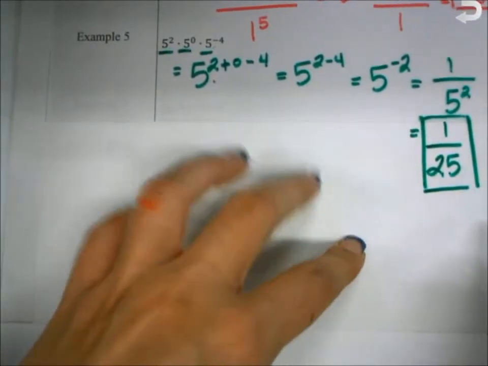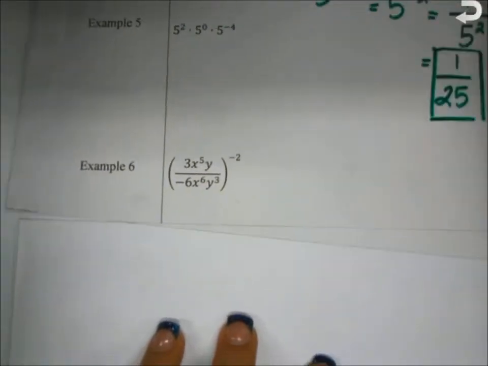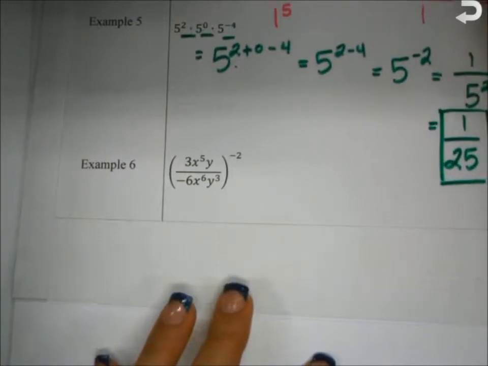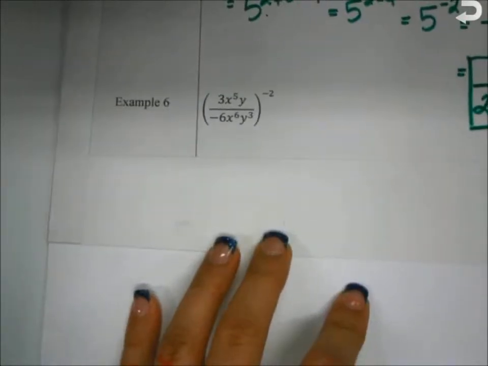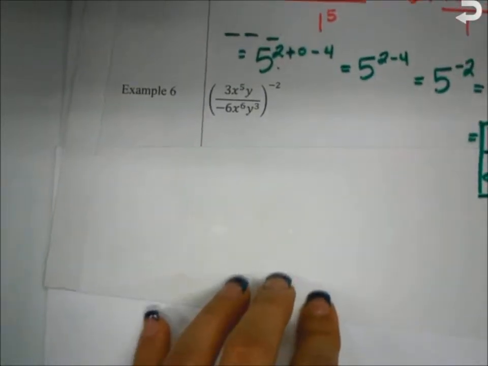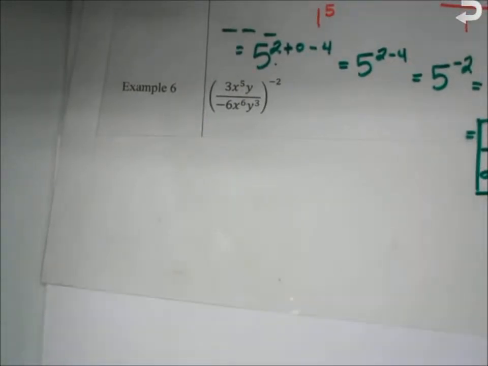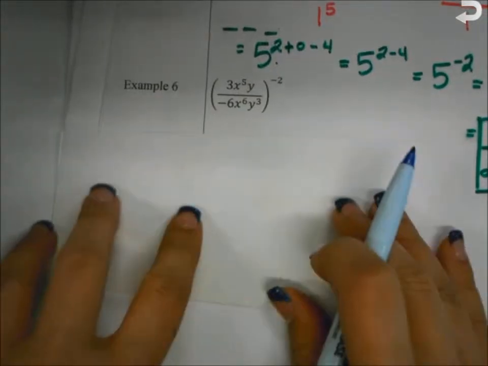Example number 6 is a little bit trickier because it's just a tad longer. So what we're going to do in this case, the first thing that I'm going to do is simplify as much as I can inside this set of parentheses.